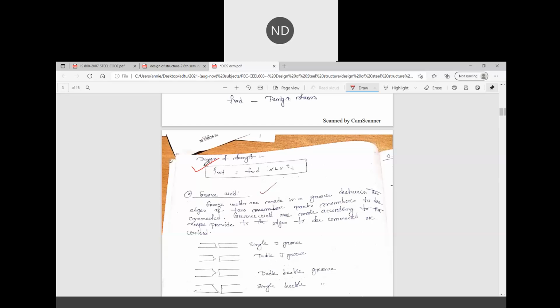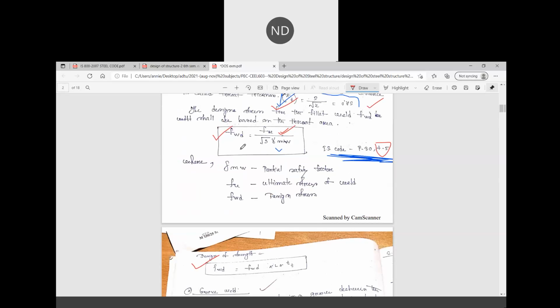Then we find out the design strength of the weld. Pwd is equal to fwd, the design stress, into the length of your weld and the throat thickness. This is going to give you your design strength.